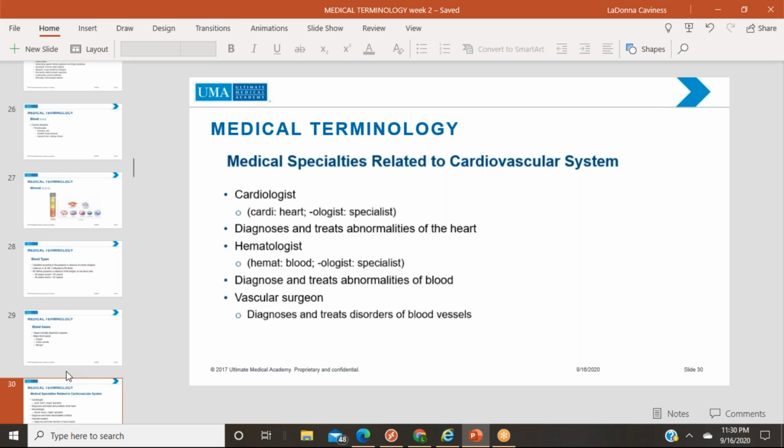I myself have hypertension, so I have to see my cardiologist annually for stress tests and to go over my blood pressure medications. Hematologist: hemat means blood, and again, ologist, specialist. Diagnoses and treats abnormalities of the blood. Vascular surgeon diagnoses and treats disorders of the blood vessels.